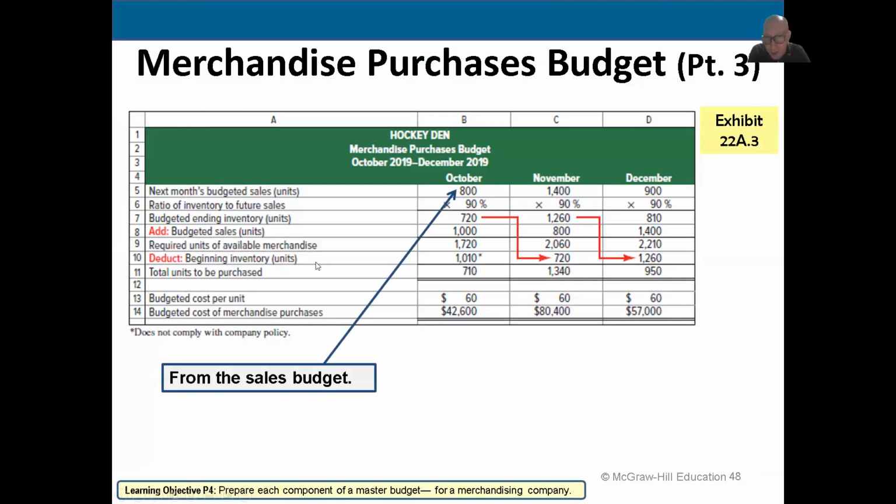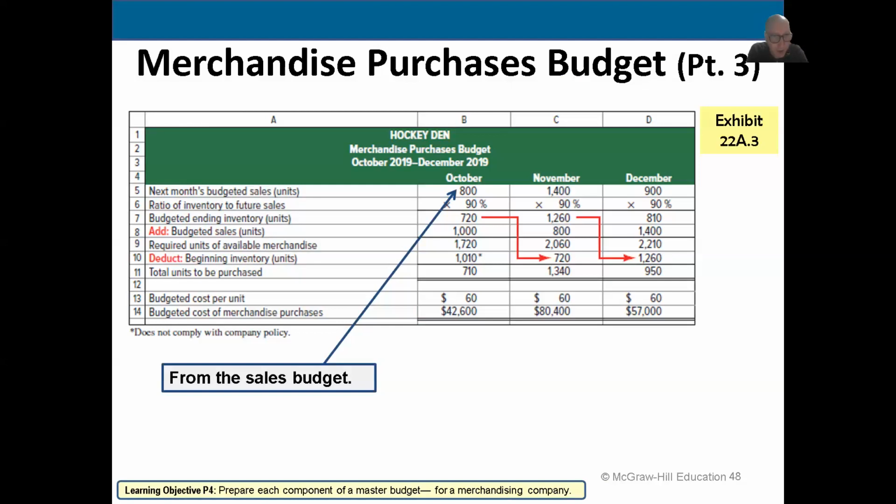And we can prepare a budget for a merchandise company using the same methods that we used for the service company and to some degree, the manufacturing.